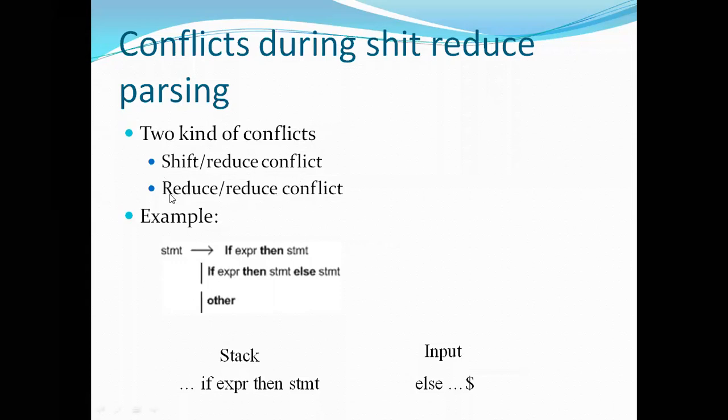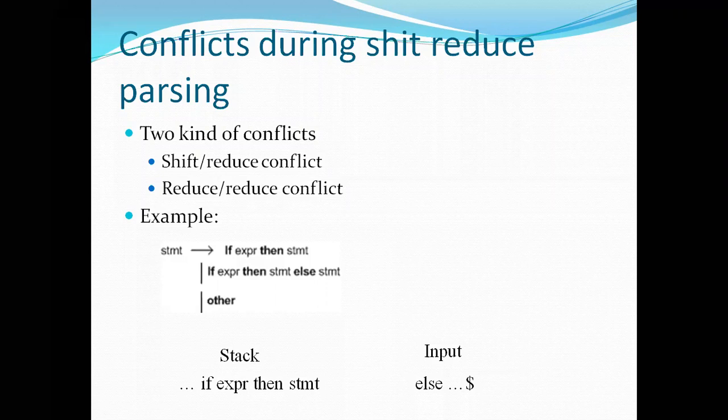And what is the reduce conflict? In the reduce conflict, we consider one string, and that substring matches a right hand side, so we can replace it with the left side non-terminal.